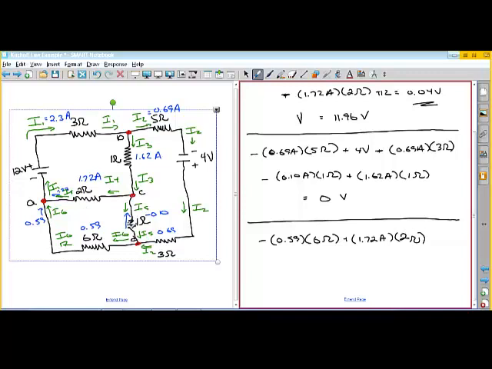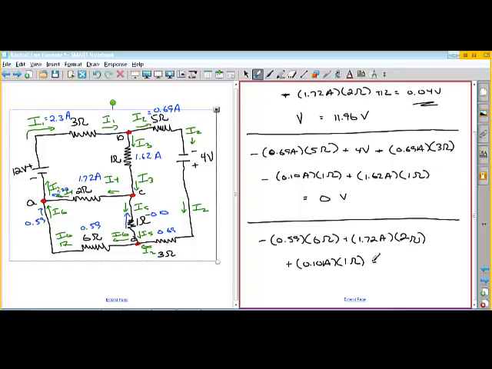And again, here the actual current's going up, and we're going opposite that, so we're going to have plus 0.10 amps times 1 ohm.